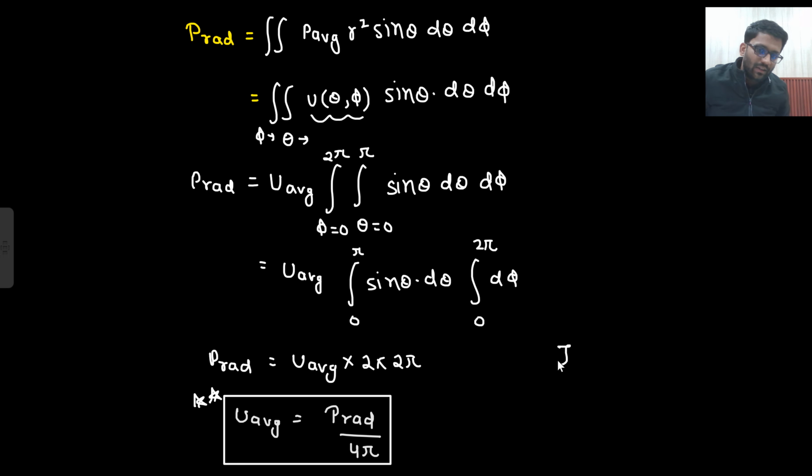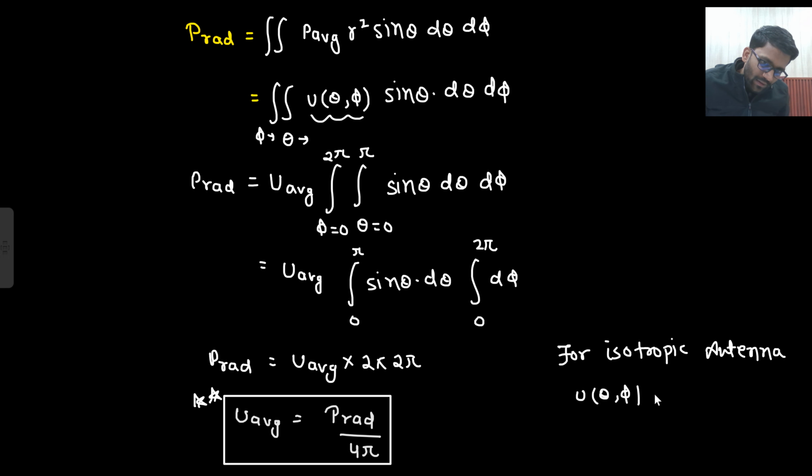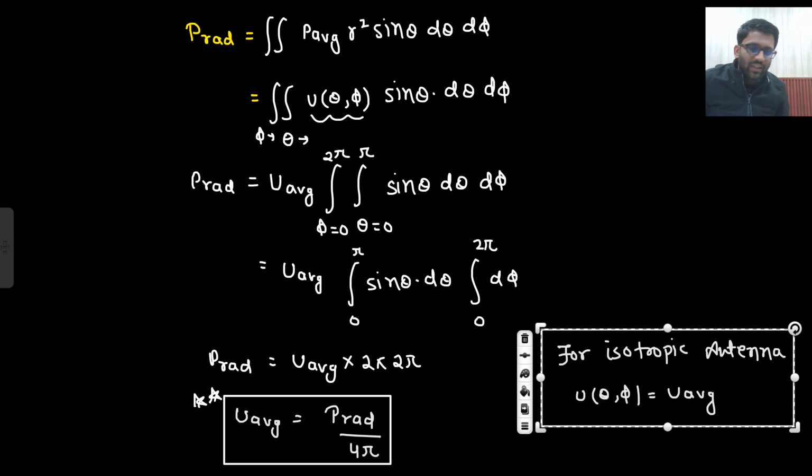For an isotropic antenna, U(theta, phi) is equal to U average, and U average is P radiated upon 4 pi.